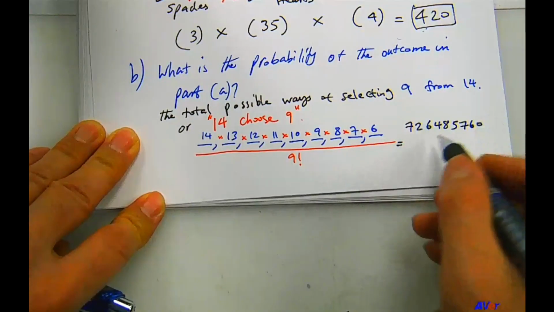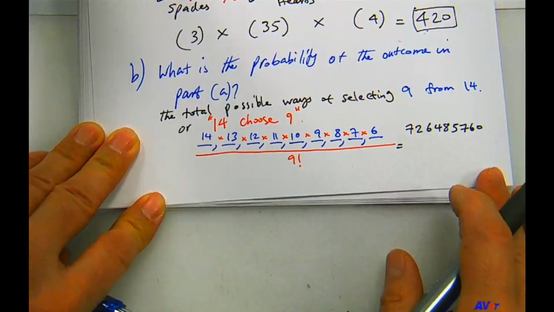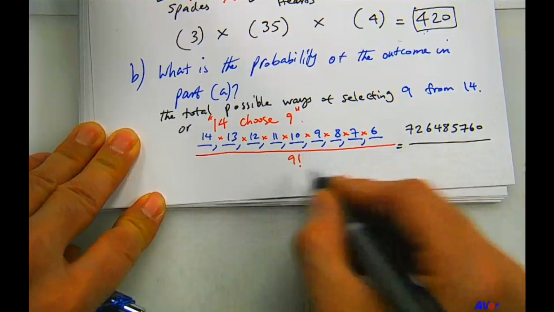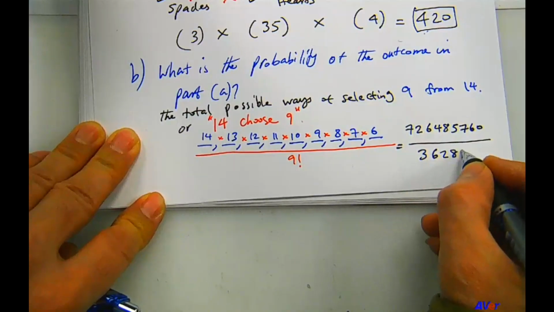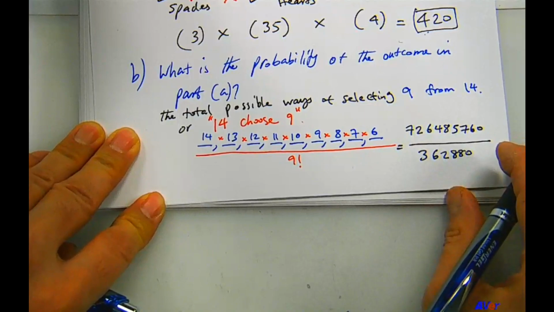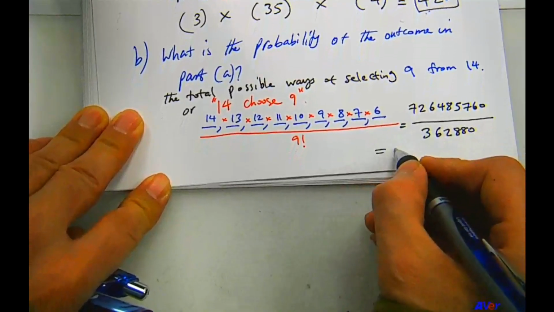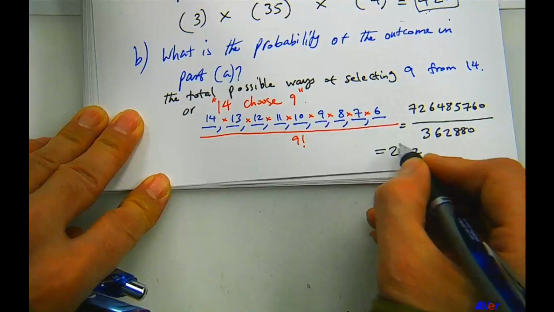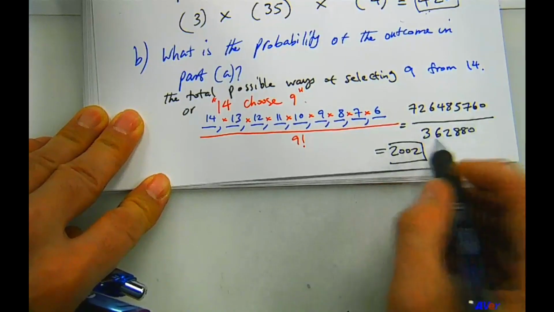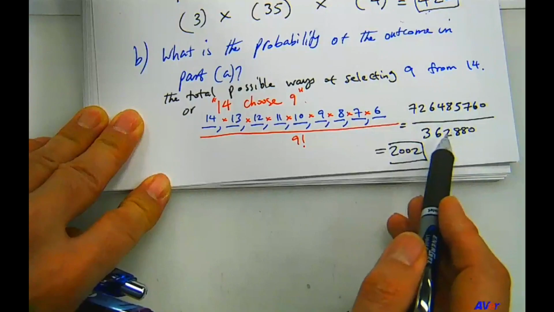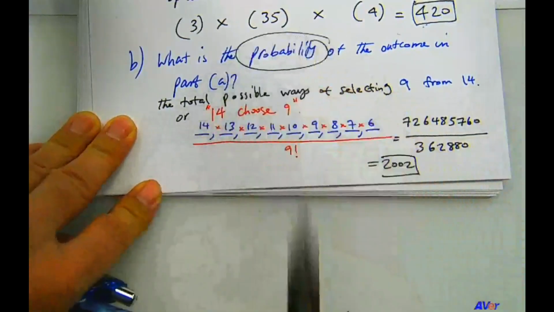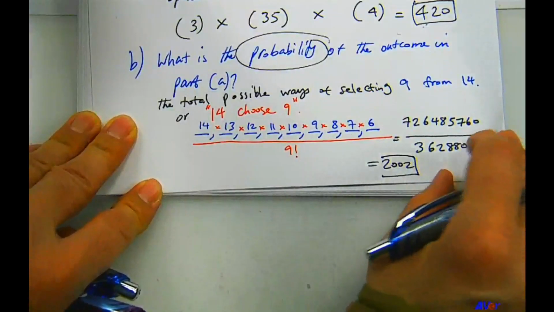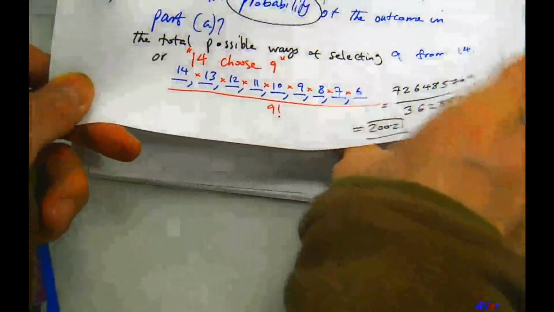So 726,485,760 divided by 9 factorial, which is 362,880. So what do you get? You get 2002. But that's just all possible outcomes. It's not the probability. It's not the probability that we were calculating, right? So I'm running out of room here. Let me move to a new page.